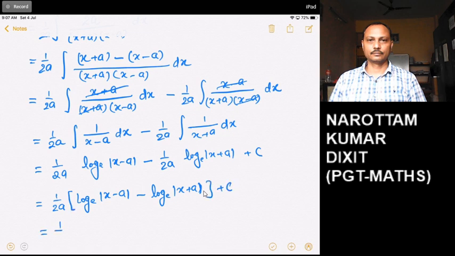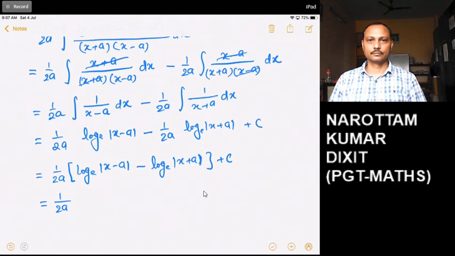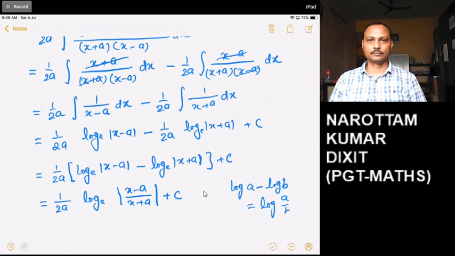Using the property of logarithm, we can write it log mod of x minus a upon x plus a. We have used the property of log a minus log b, that is equals to log a upon b. So this is the integration of 1 upon x square minus a square.